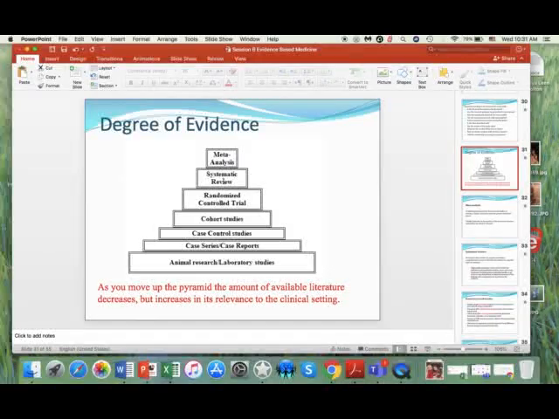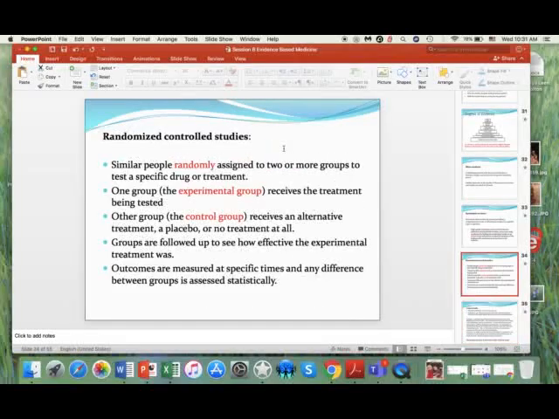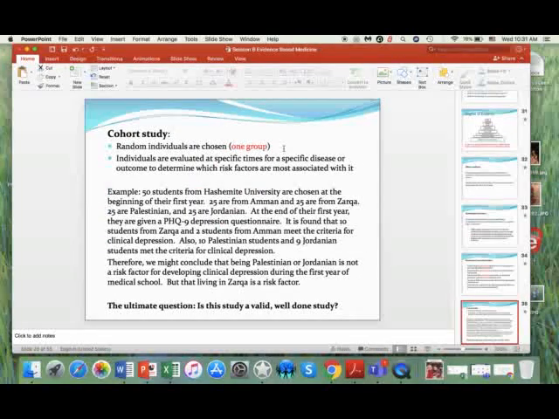And in general, as we looked here, a cohort study is going to have less power than a randomized controlled study, because we're not comparing this to any other group. Maybe it would be important to have 2 groups where one group does courses online versus another group that does courses on campus.